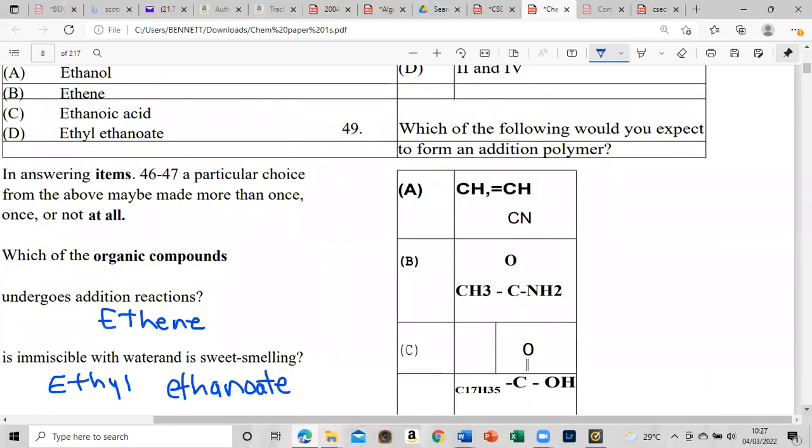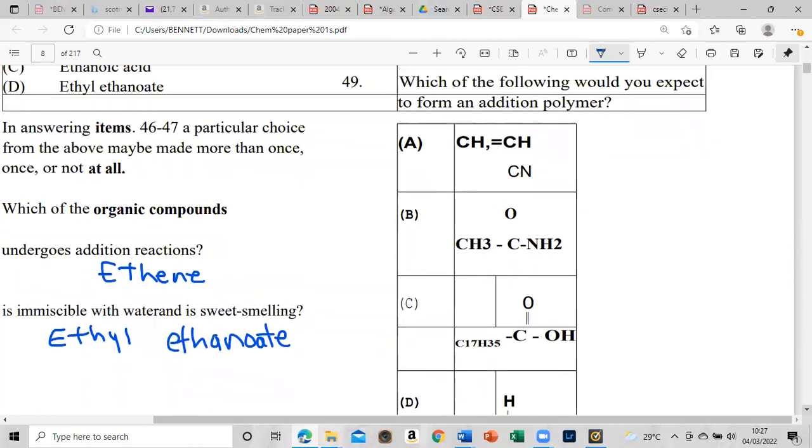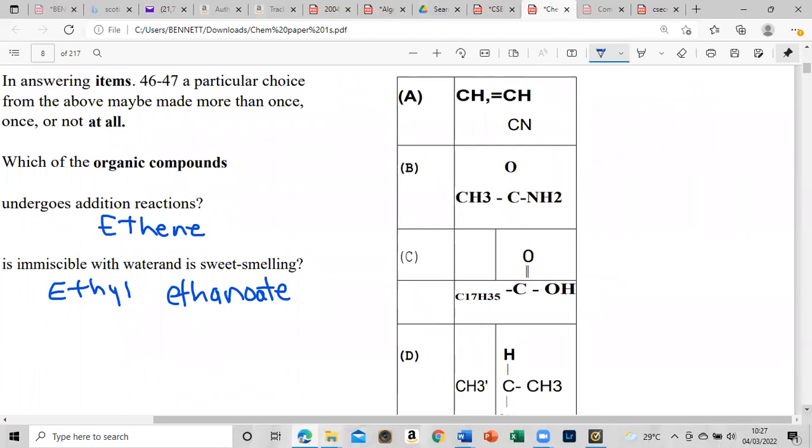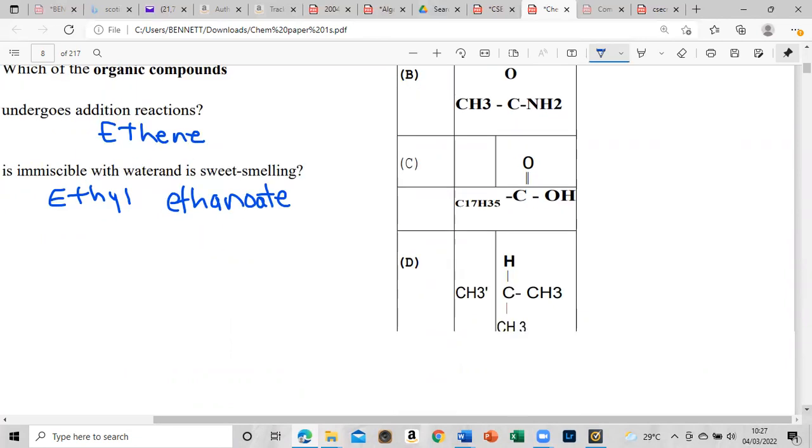All right, so 49 says, which of the following would you expect to form an addition polymer? That would be A. Let's move on to 50.